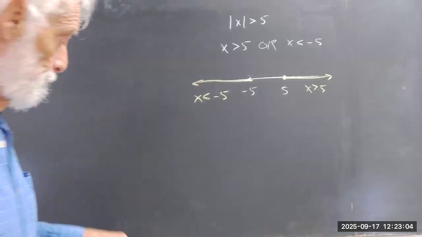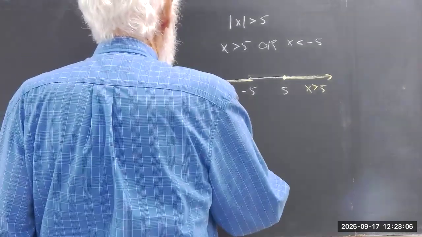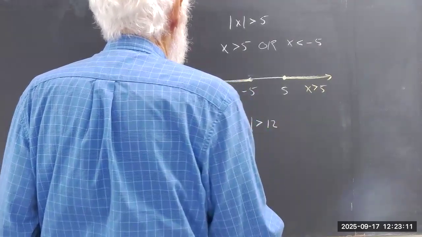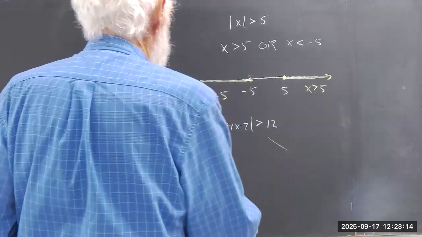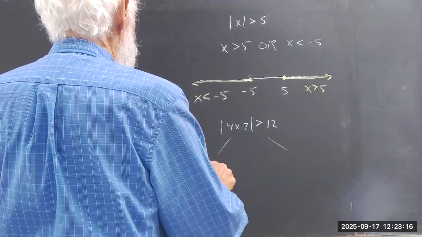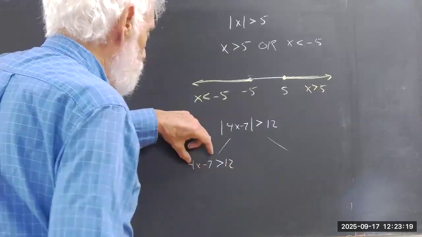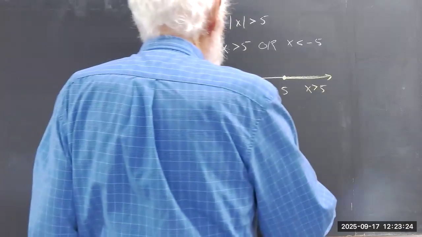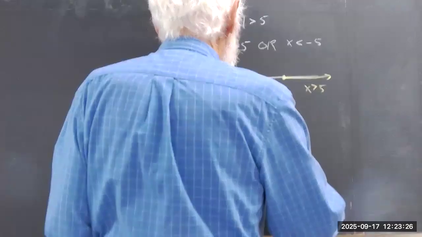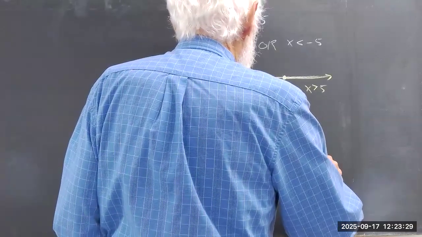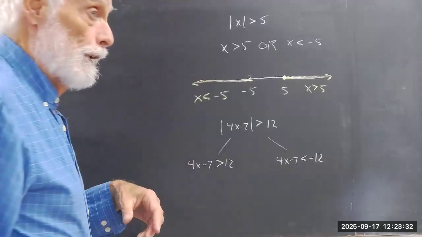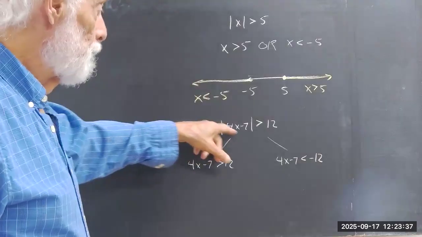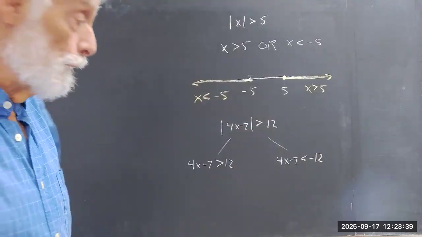If you have absolute value 4x minus 7 greater than 12, you would split that into 4x minus 7 greater than 12, because certainly if 4x minus 7 is bigger than 12, it's part of your solution. But also 4x minus 7 could be less than negative 12. It could be negative 13, and then it would still be true because the absolute value would be 13, greater than 12.